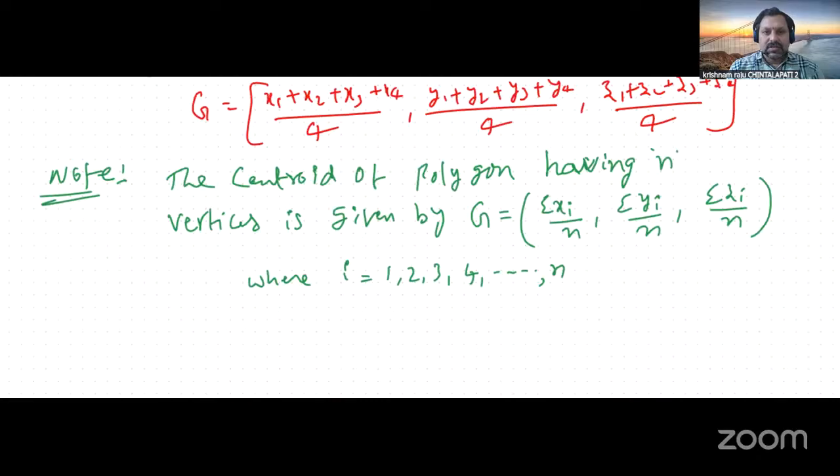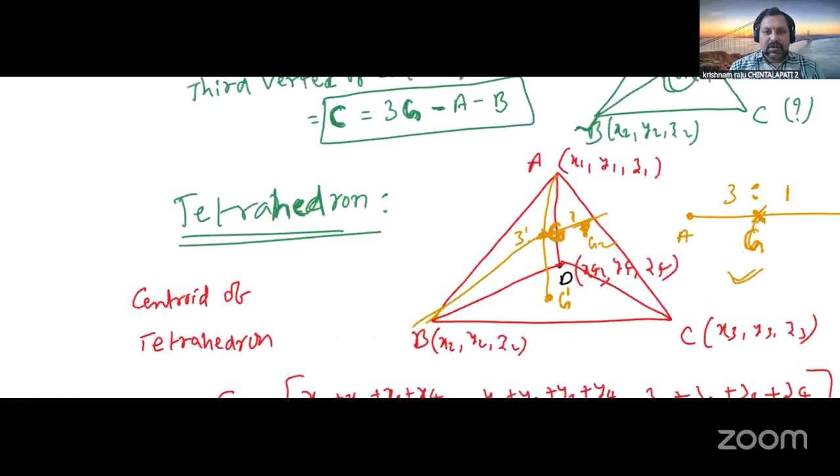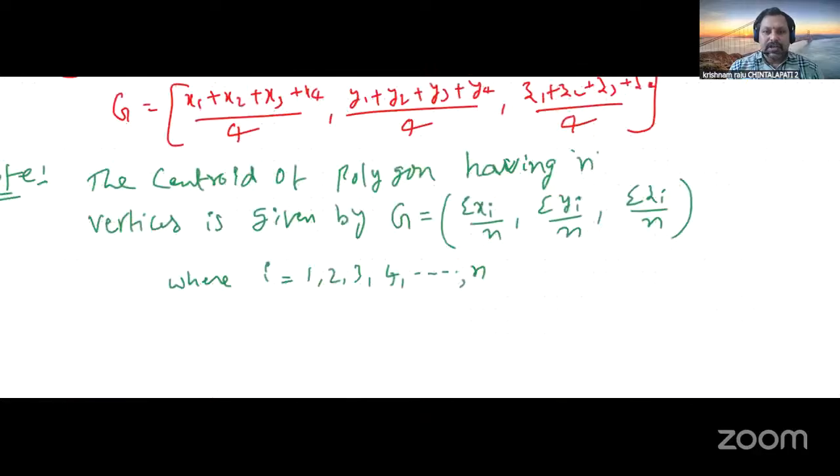So this is a triangle, this is one polygon, and this is one more polygon, enclosed diagrams, right? So whatever polygon they give, if you want the centroid, you have to find the sum of the x coordinates by the number of vertices. Sum of the x coordinates by the number of vertices. Similarly for y and z.